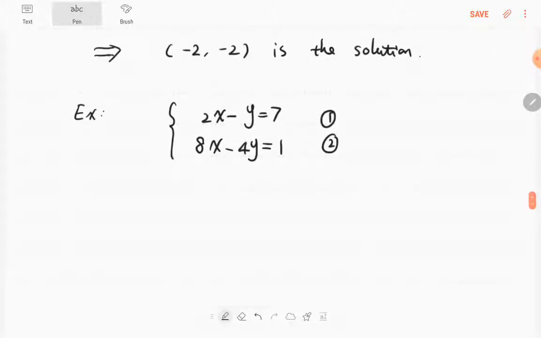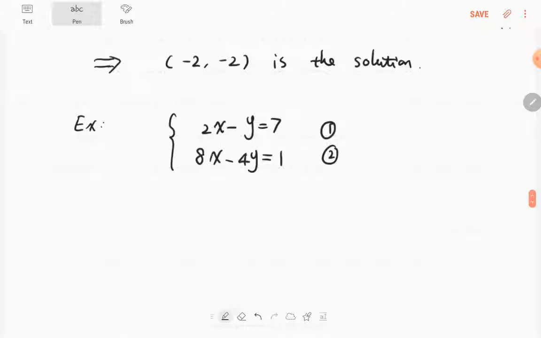So let's check this example. When we check these two, we realize if we directly use the addition, we still cannot remove one variable, right? We add them up, we will get 10x minus 5y. So we still have two variables. Our purpose is to try to eliminate one. So we observe this time maybe we try to eliminate y.